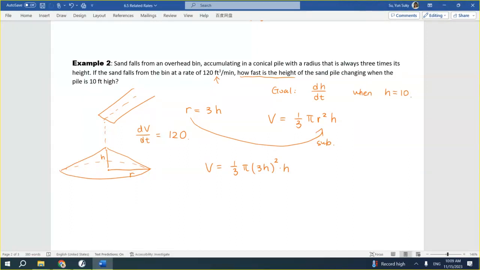What is 3 squared? 3 squared is 9. And then we have h squared, and there's another h. Yeah, exactly. And the 9 and 3 cancel. We get 3 pi h cubed.